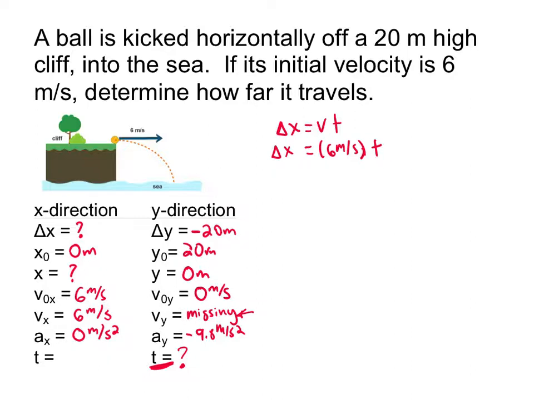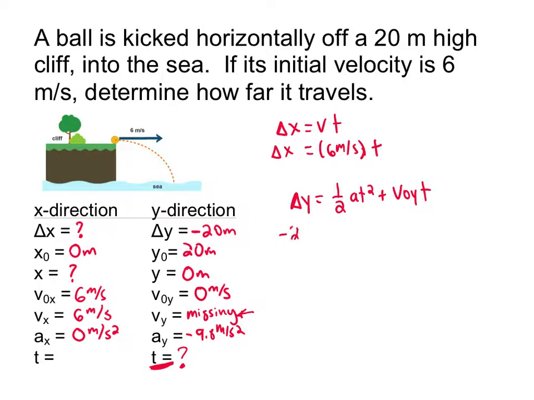So working with our y, we see that the final velocity in the y direction is missing. So like in unit 3, the constant acceleration unit, we're going to use the equation that is missing our final y velocity, and it turns out that it's this equation here. We can go ahead and plug things in.